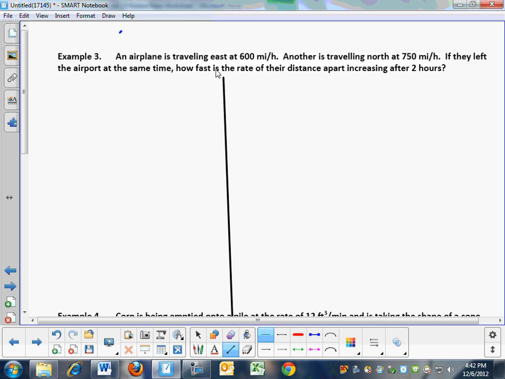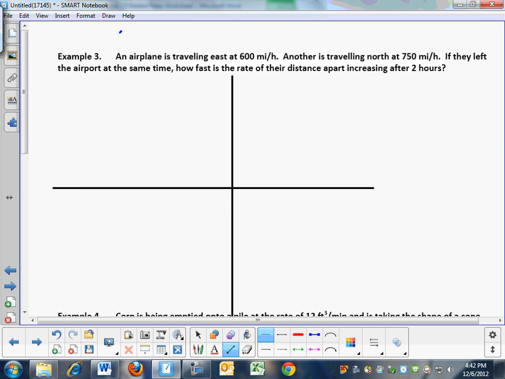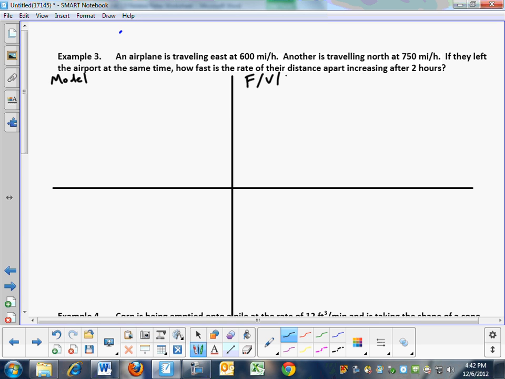Hopefully that will help us out. Model, formula, variables, relationships, plan, solve.